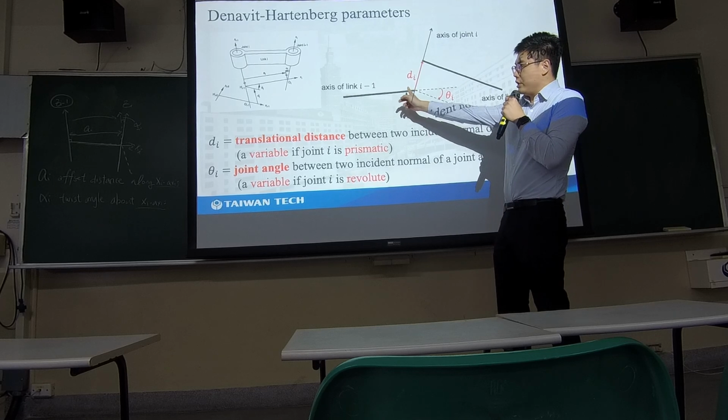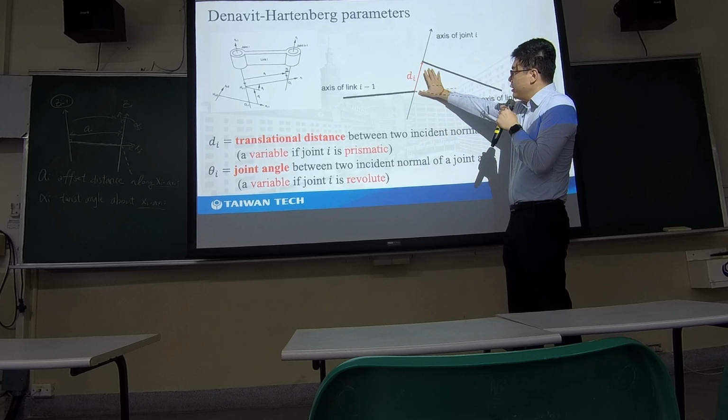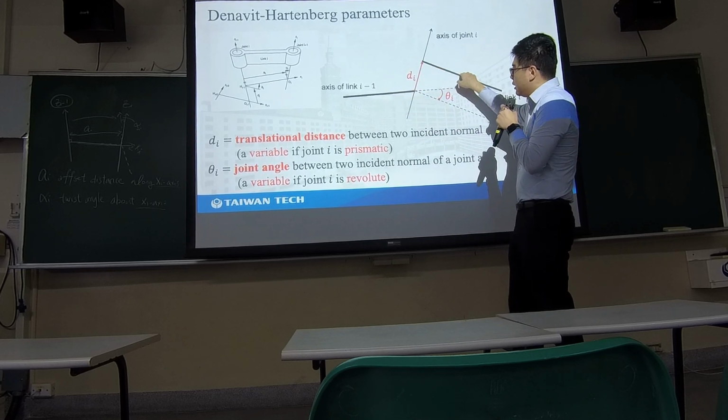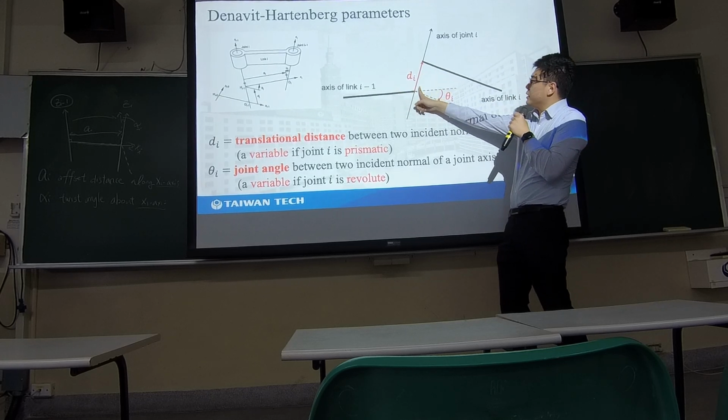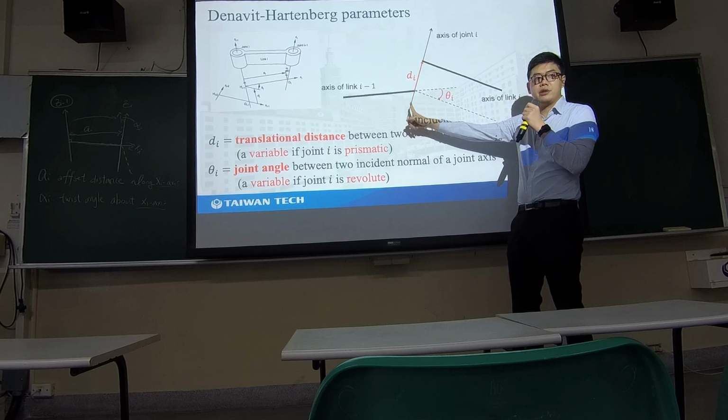The translational distance d is the distance between two links in the z-axis direction.